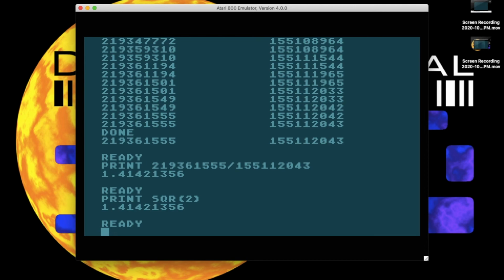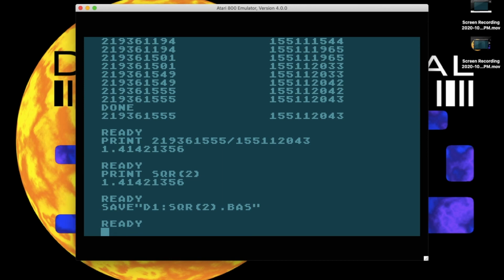So I'm going to save this. Save, quote, D colon, SQR(2). Wonder if it'll accept that as a file name. Don't know if it'll do that.